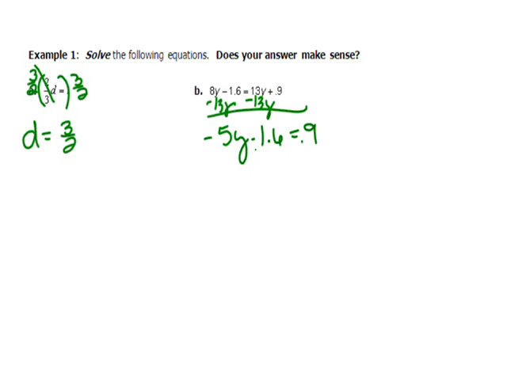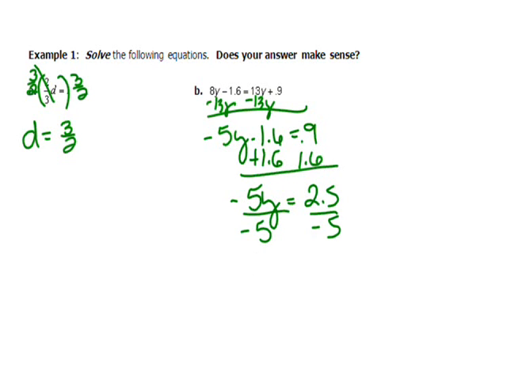Then I'm going to add, because I undo subtraction with addition, so I'm going to add 1.6 to both sides, and this gets me negative 5y equals 2.5. Then I'm going to undo multiplication with division. So this gets me y equals negative 0.5.